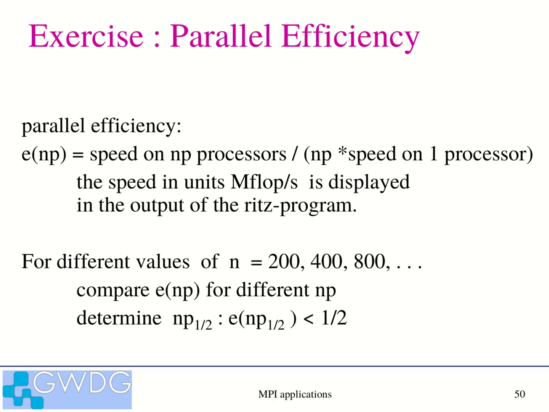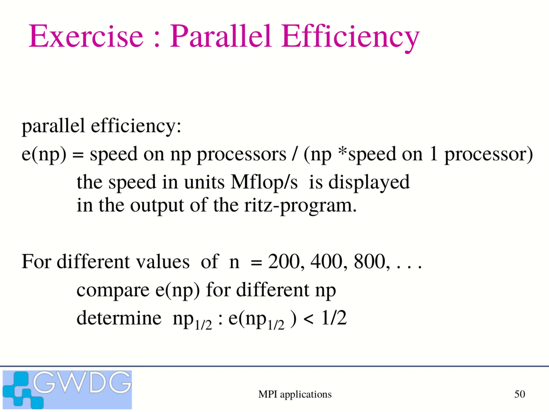So you could test, for a certain size of the matrix, increasing the number of processes used, and you can look where the efficiency becomes smaller than 1/2.